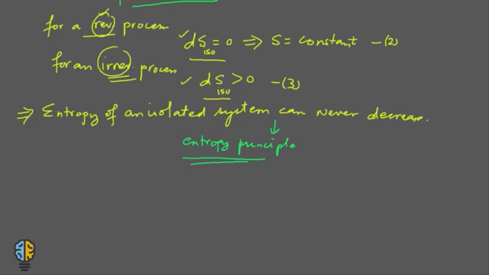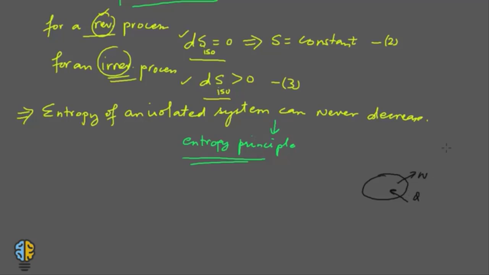Okay. Now, how do you make a system isolated? So you can say that an isolated system can always be formed by including any system and its surroundings within a single boundary. So if I have to create a diagram for it, this is a system. The system has some work and heat interactions with the surroundings.